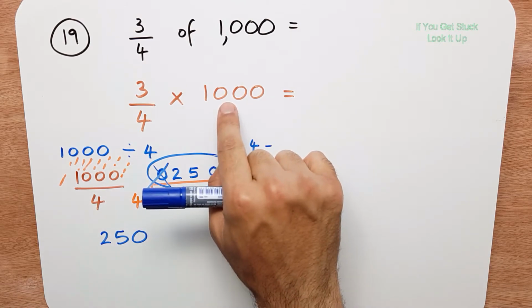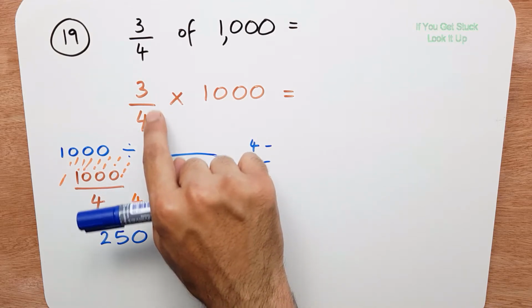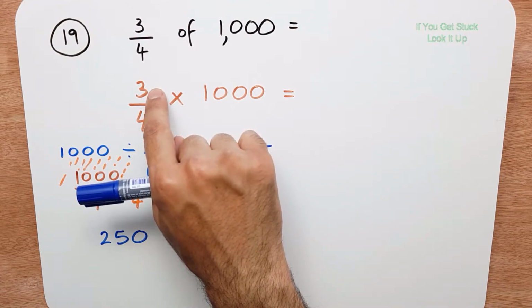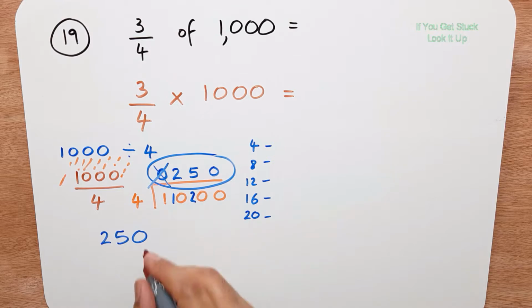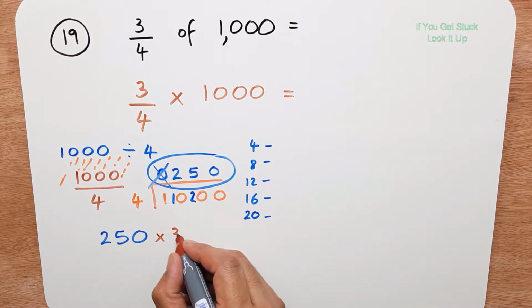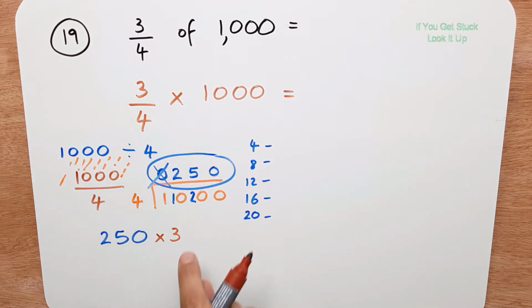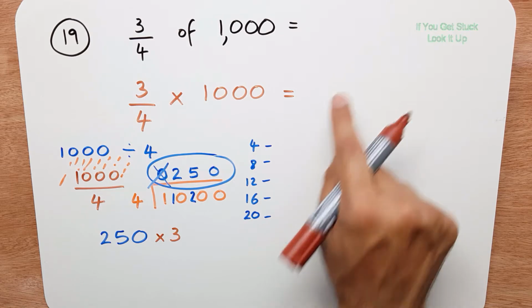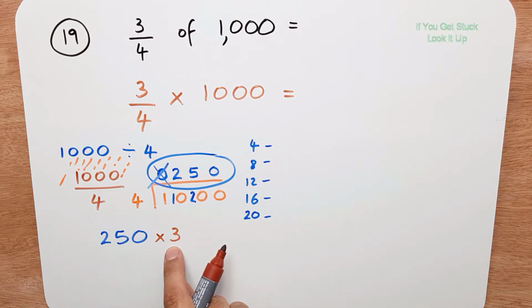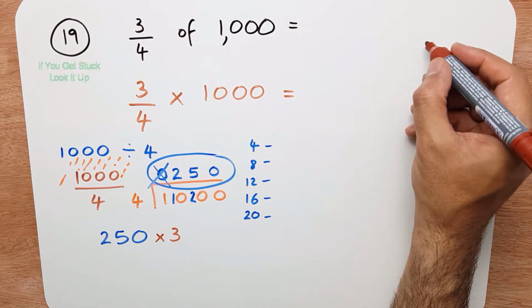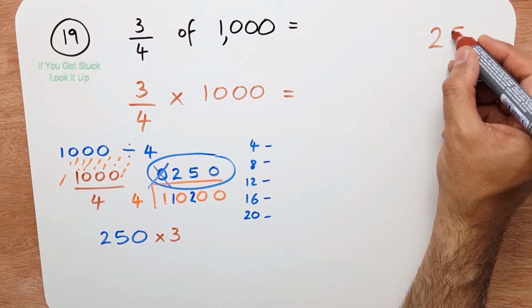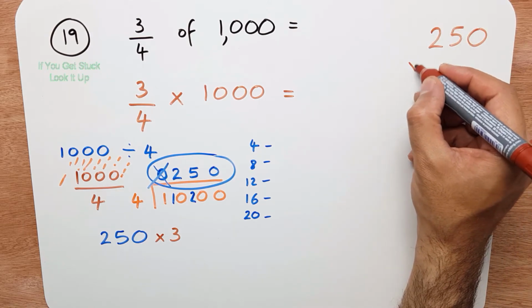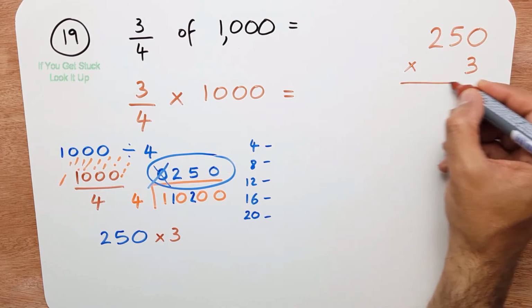We said take the number, divide by the bottom, multiply by the top. So now we have to multiply it by the top number, which is 3. So 250 times 3. I'll do that here as a column multiplication. 250 multiplied by 3.